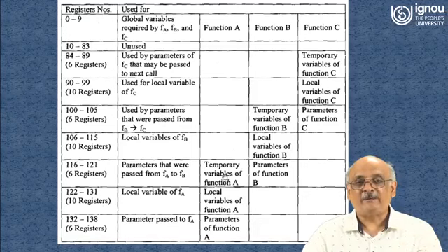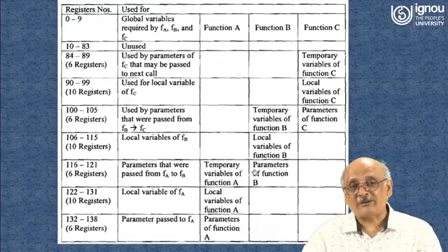Those 3 variables X, Y and Z will be put in the temporary registers. So they are also registers. And look into the advantage. The return value will also be coming into these temporary registers and they will also be utilized. So these 6 registers are being shared between function A and function B.